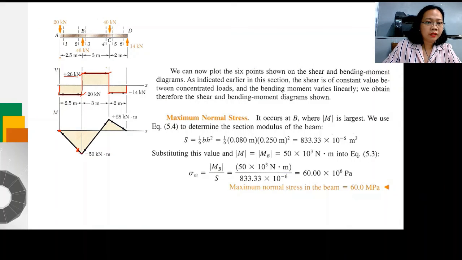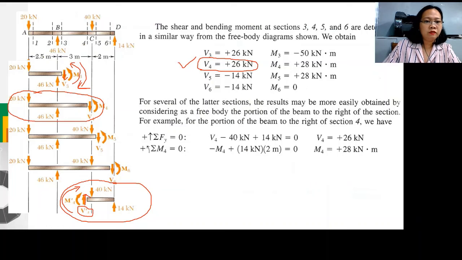So, the moment here is negative 50. And then, at point C, ila ang moment sa point C? You have point C, you have the moment M5. And M5 is positive 28.